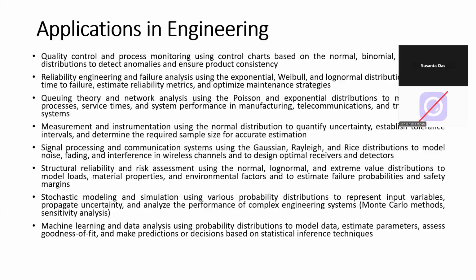Applications in engineering. There are a lot of applications in engineering for these probability distributions. They can be used in quality control and process monitoring, using control charts based on normal, binomial, and Poisson distributions to detect any anomalies and ensure consistency.